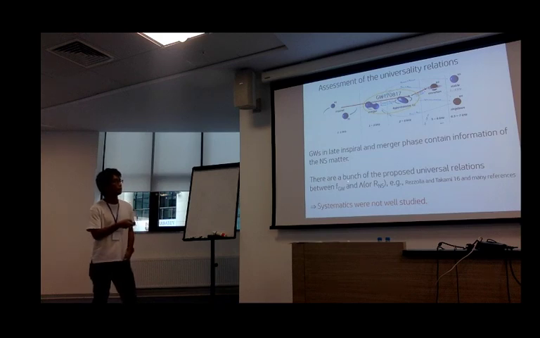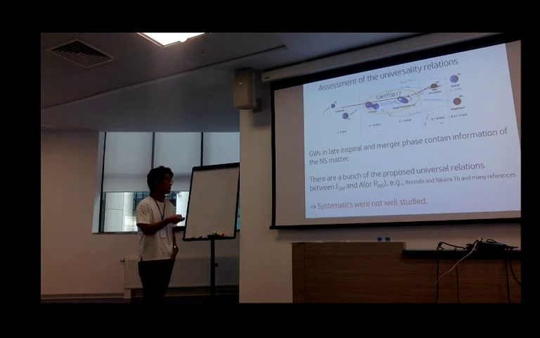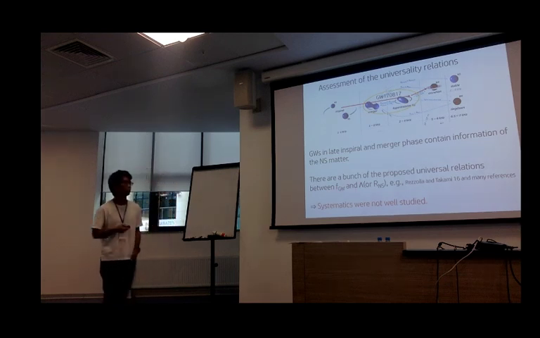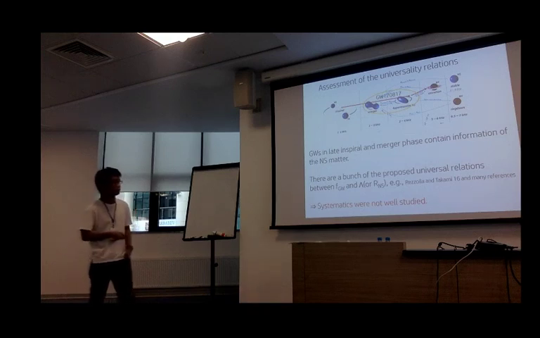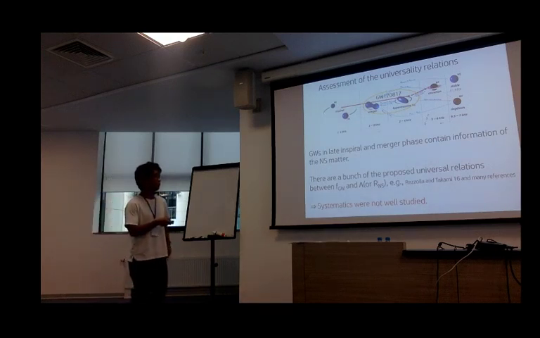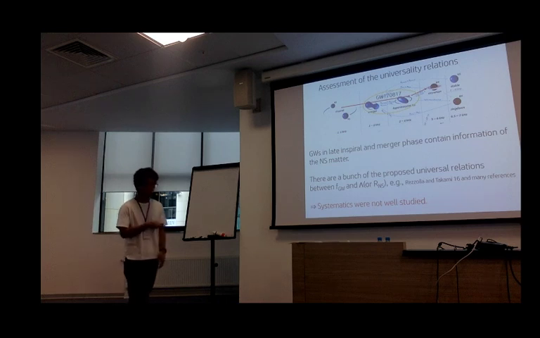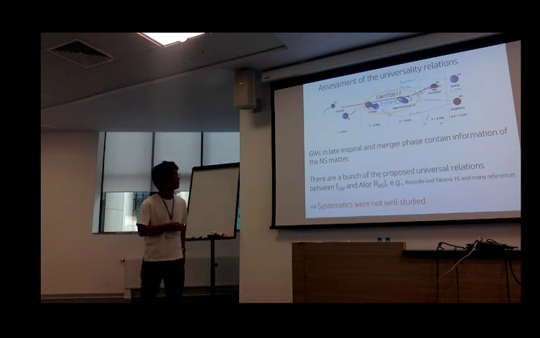So there are a bunch of proposed universal relations between the post-merger gravitational wave frequency and tidal deformability or neutron star related quantities. However, the systematics were not well studied in the previous works, so we don't know how robust these universal relations are.